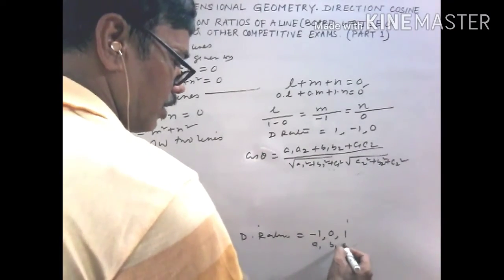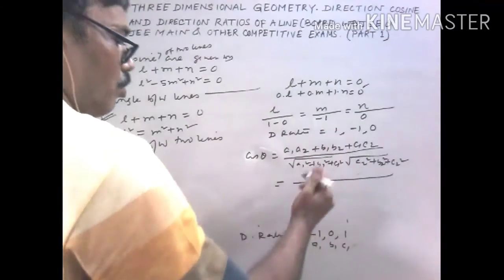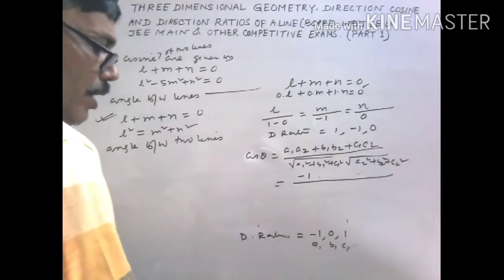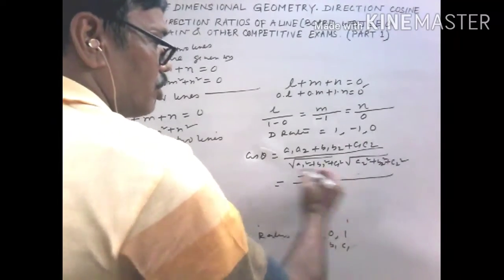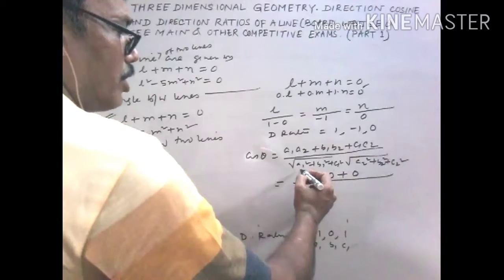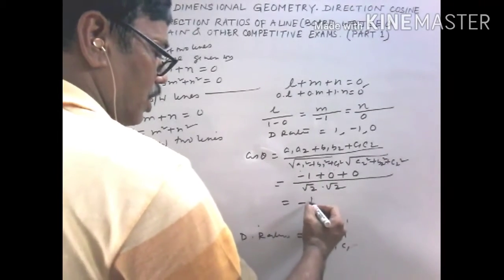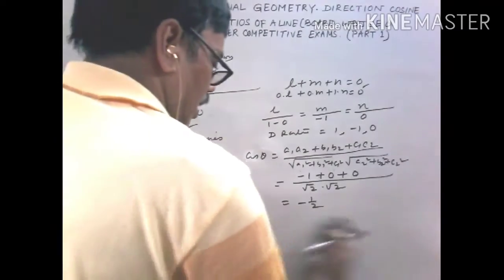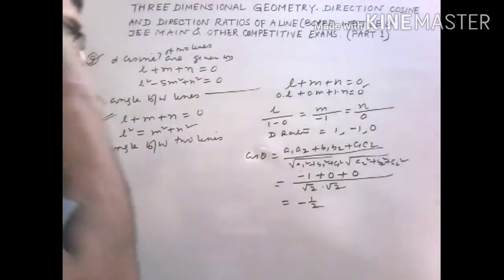So A1 is minus 1, and minus 1 into 1 is minus 1. Then B1 is 0, 0 into minus 1 is 0, and this is 1 into 0, so this is 0. And the denominator is root 2 into root 2. So cos theta equals minus half.